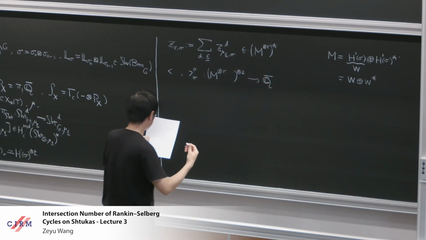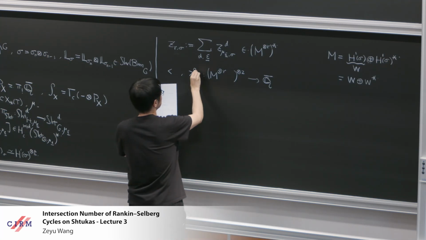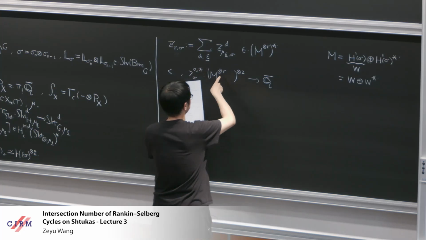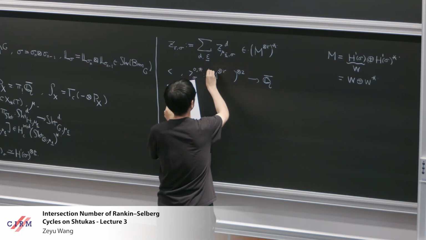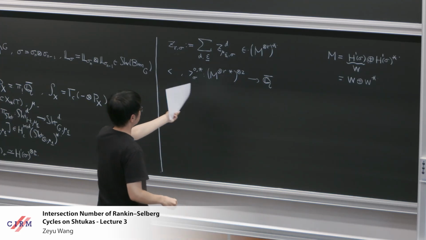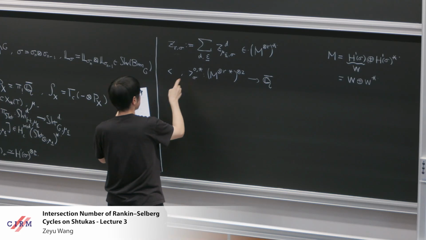But we want to show it's non-degenerate, and once it's non-degenerate, you can pass to the dual form. So you have this form, but that's not given. You need to show it's non-degenerate.